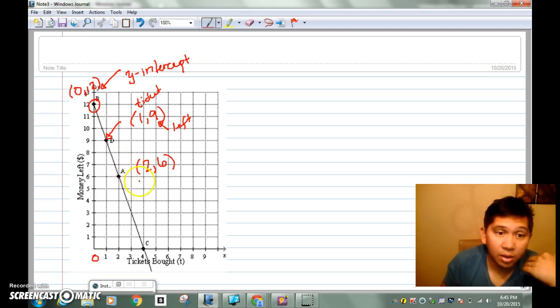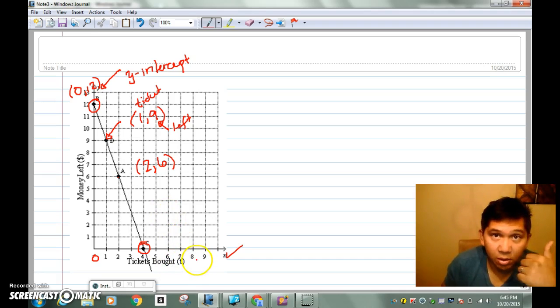Now, let's go to the x-intercept. Again, why do you think it's called the x-intercept? If your answer is because it was passing through the x-axis, you are correct. Let's do a quick recap of another name for x-axis. There are a lot of different names for x-axis.